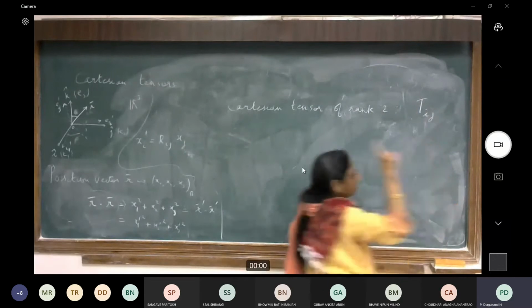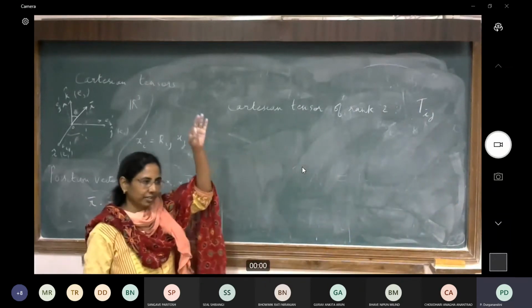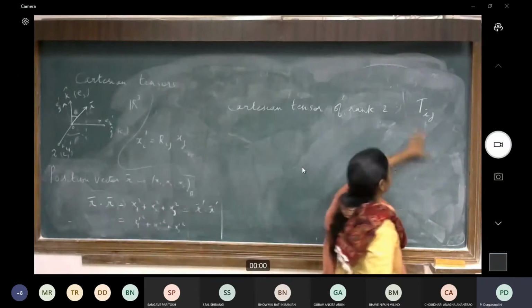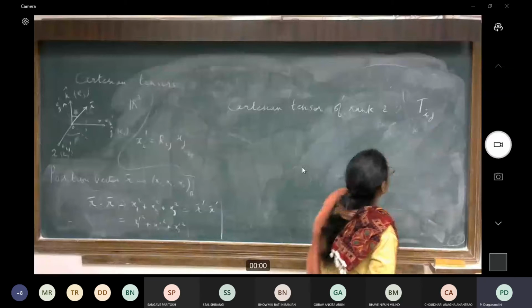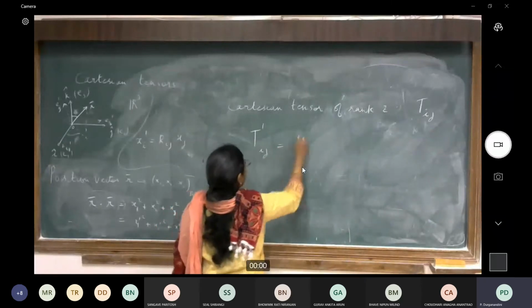See, the vector had vi prime. For the vector we had v1, v2, v3, so I had one index there, one subscript. Here I have now 9 elements, so I have two subscripts, ij. And the transformation properties of these with respect to the two bases should be the following.